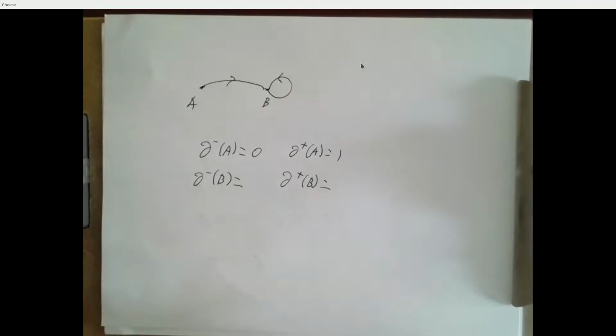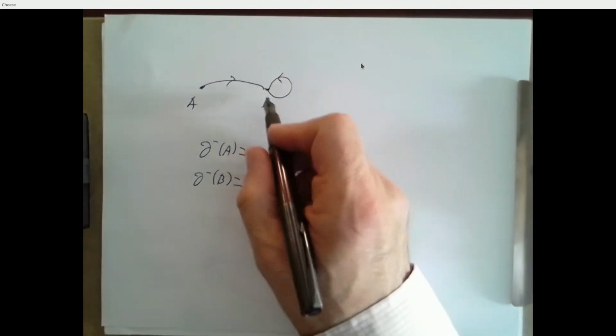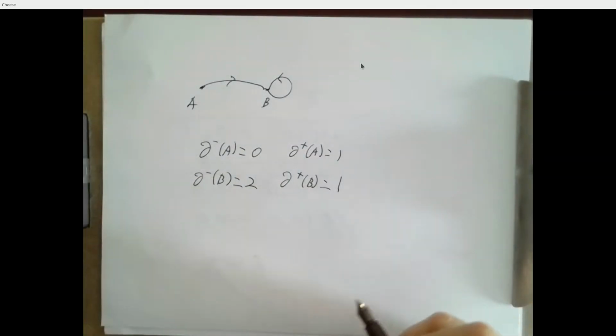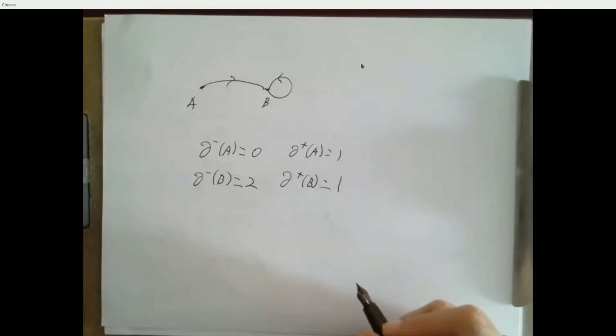What do we do about loops here? So in degree of B is going to be 2, because we've got that and that, and the out degree of B is going to be 1. So with an undirected graph, we count loops twice. With a directed graph, we basically count one out degree and one in degree. So the sum is 2 and the number of edges is 2.